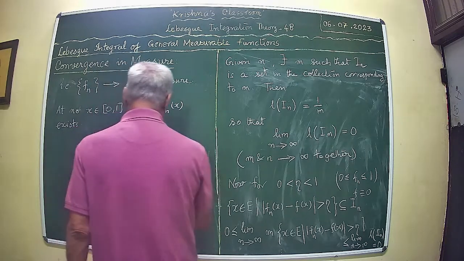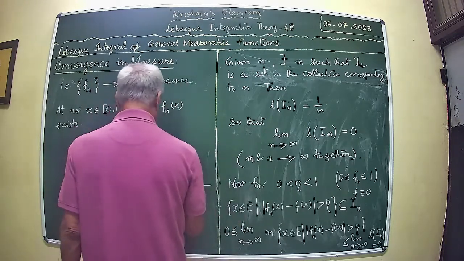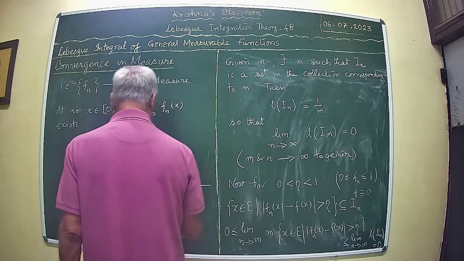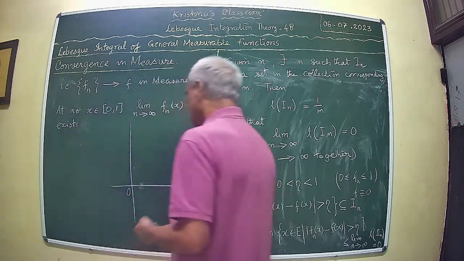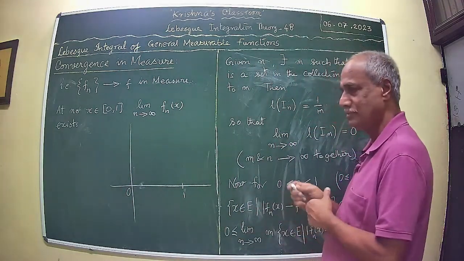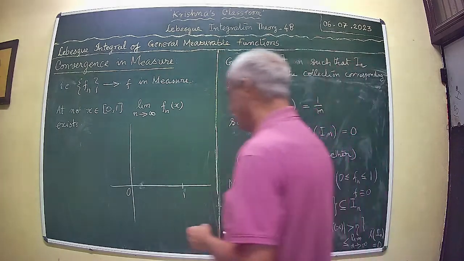Now you see, you look at this one, F1. Working on the interval 0 to 1, everywhere there it is 1. Okay.